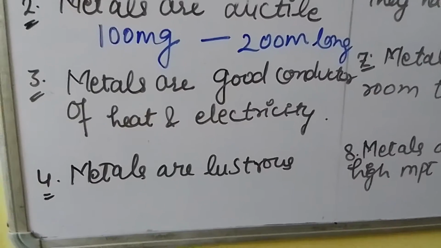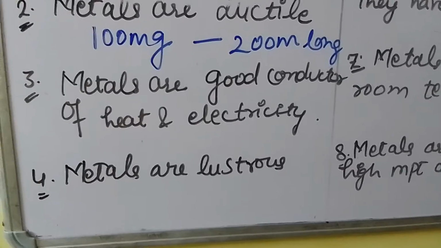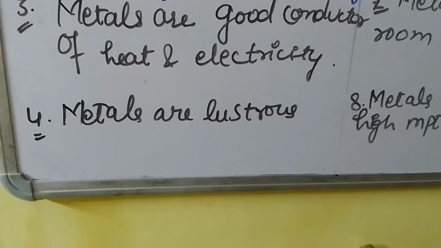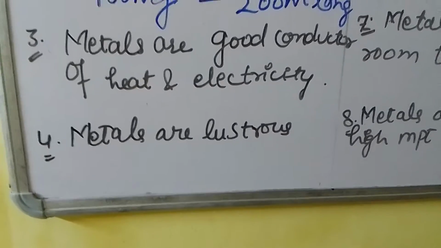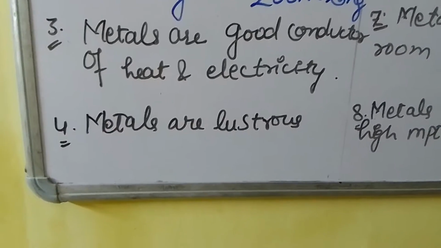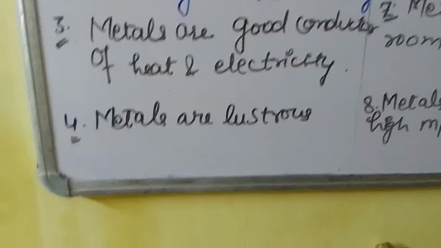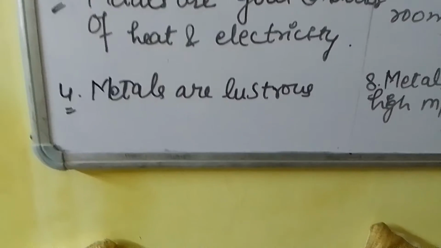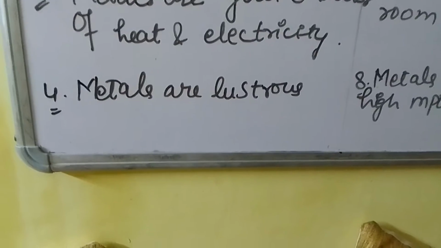Let's talk about another property: metals are good conductors of heat and electricity. All metals are good conductors of heat and electricity because they are able to pass heat and electricity. For example, look at the utensils in our kitchen.